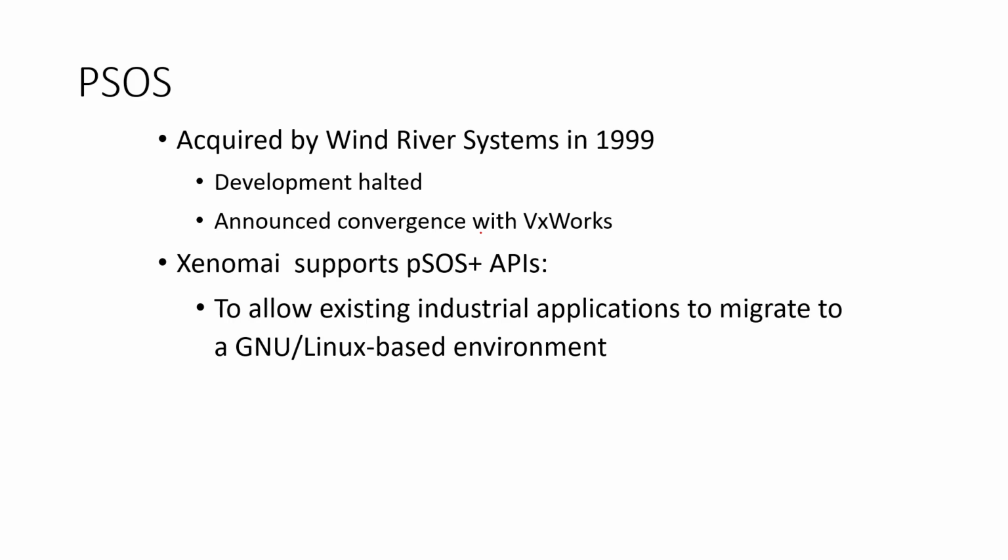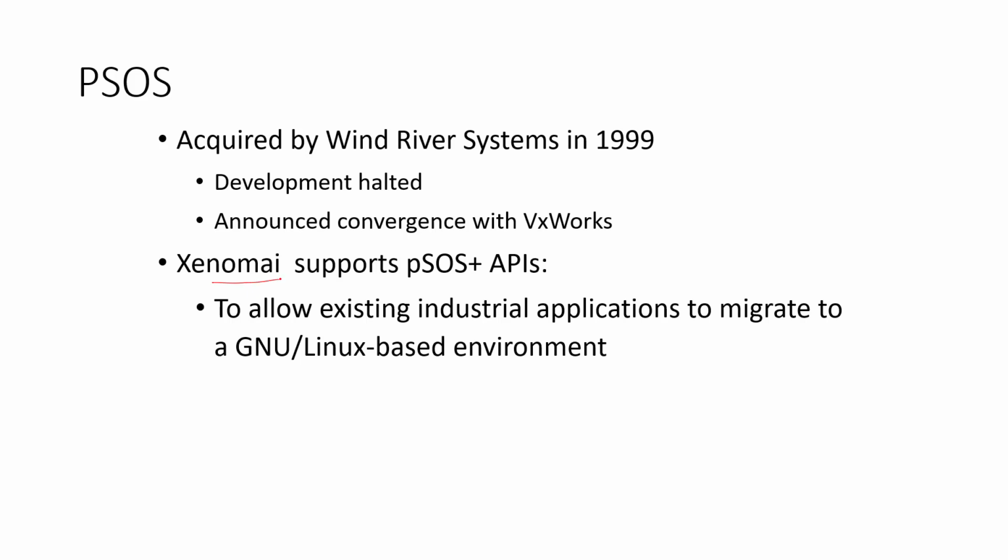So a little bit of history. Wind River Systems has been a very iconic company in the development of real-time systems. The development as of now has been halted. Wind River was acquired, and there was some degree of convergence with VxWorks, but there are a lot of real-time projects that have drawn a lot of inspiration from these early designs.